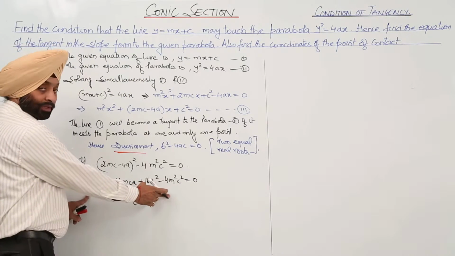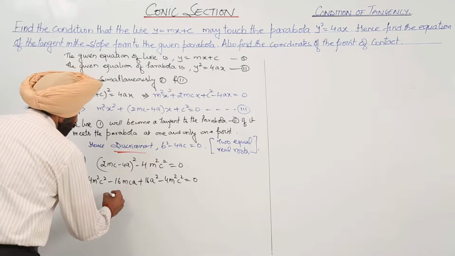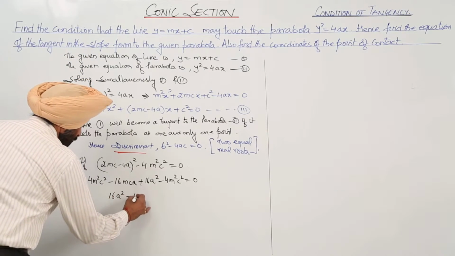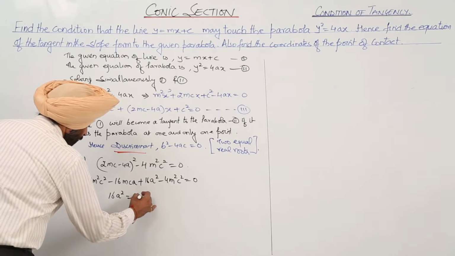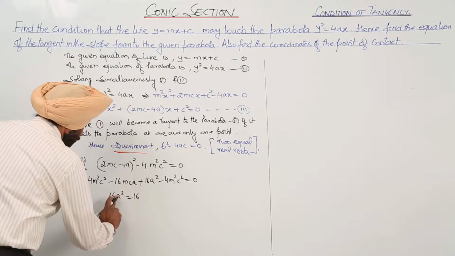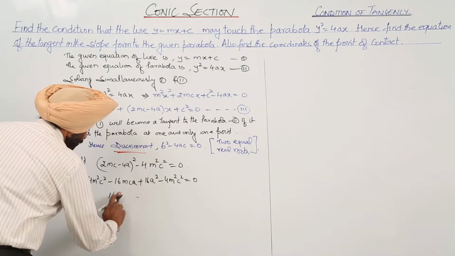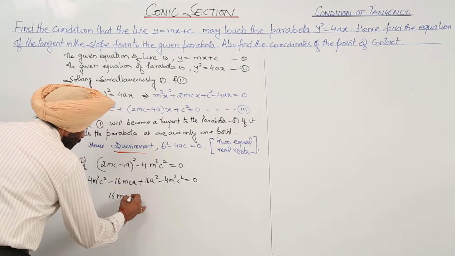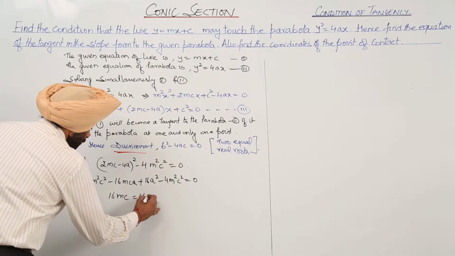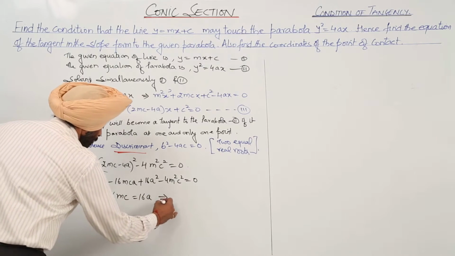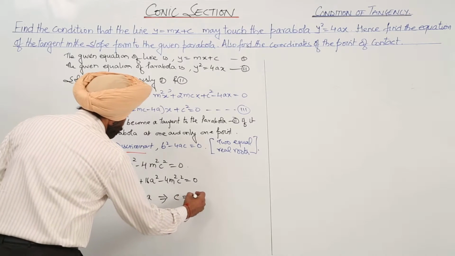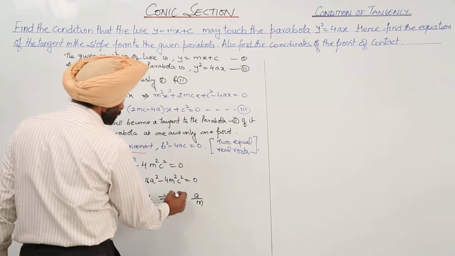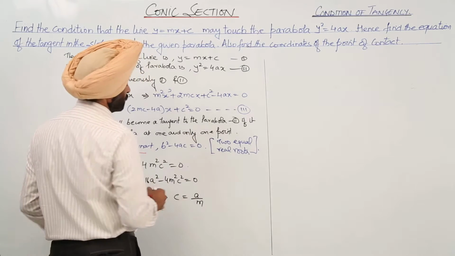These two terms can be cancelled. So we are left with 16a square is equal to 16mca, or c is equal to a upon m. This is one of the conditions.